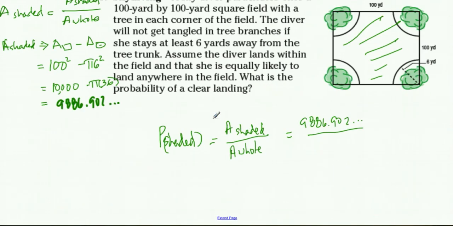So divide that, and you end up with 98.87, so approximately 98.87. So the probability of it landing in the shaded region would be around 98.9%. Okay, around that area right there.